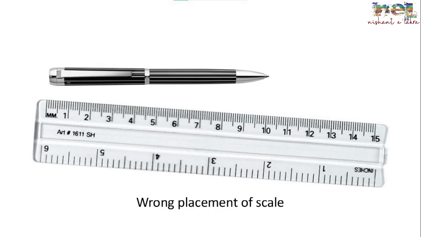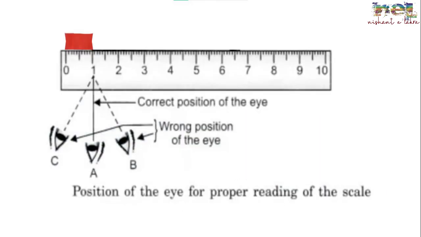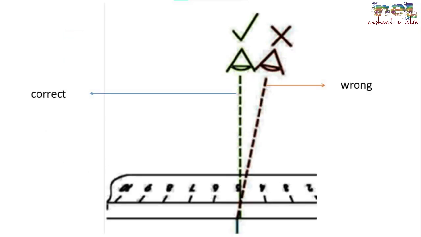Let's see the second precaution. When you are reading the measurement on the scale, the eye must be kept vertically above the scale mark. You should not keep your eye at a different angle.